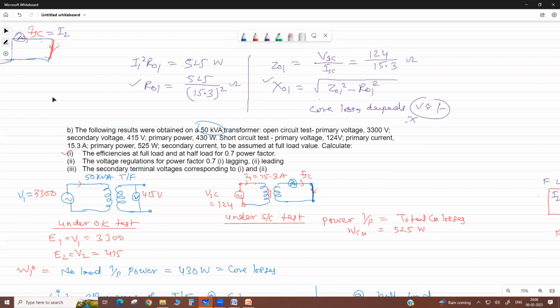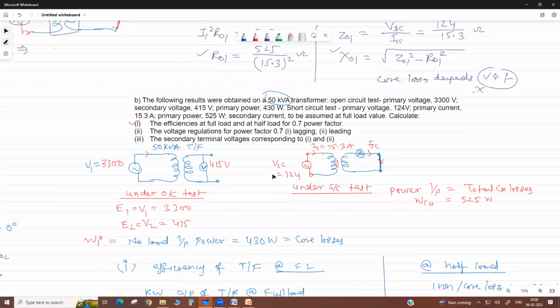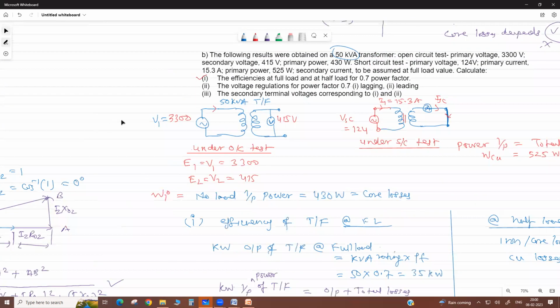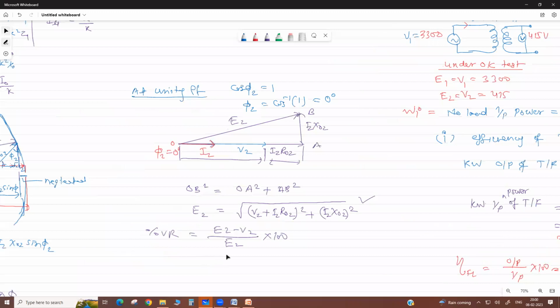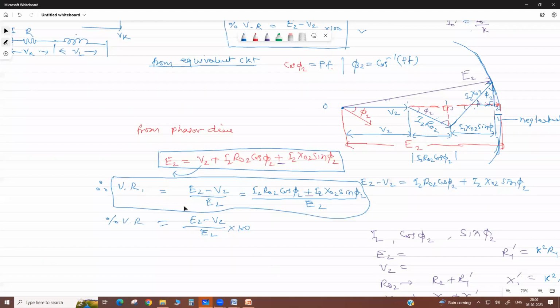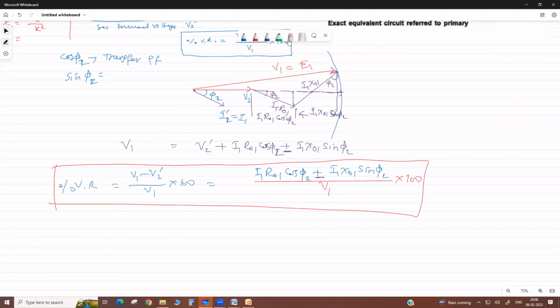Please you try it, tomorrow we will solve otherwise. See here, he is asking for leading and lagging. As referred to the primary side, equivalent circuit we get R01, X01. So please use this. At lagging power factor you use plus, at leading it is minus.